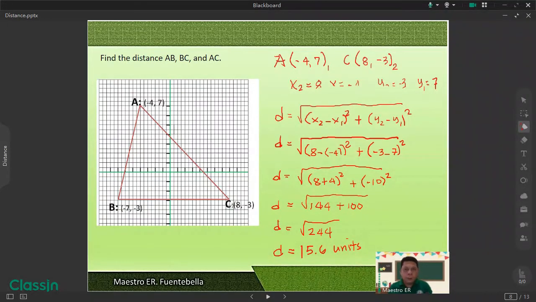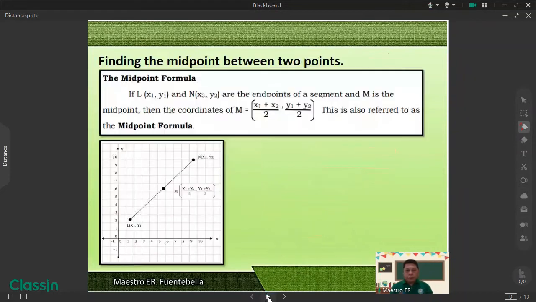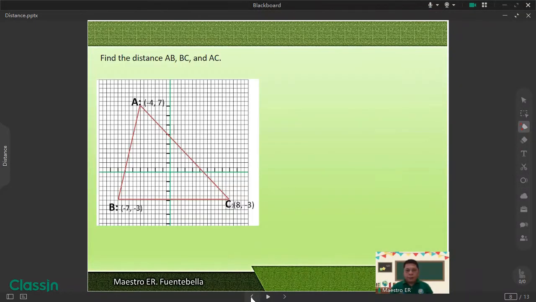So this is the distance from A to C. Okay? How about segment BC? Segment BC.